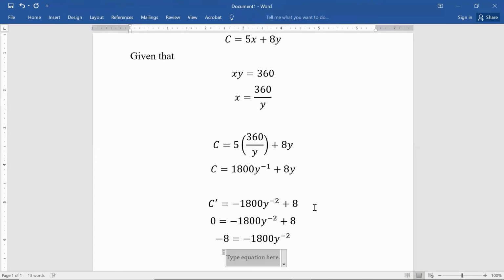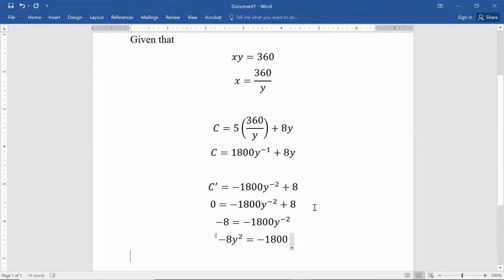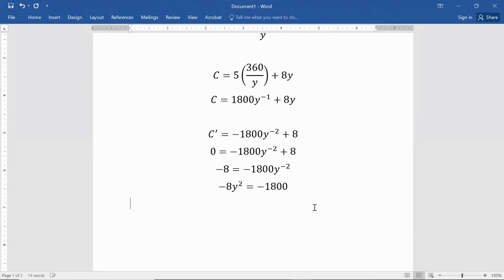If I multiply both sides by y squared, I get negative 8y squared on the left-hand side and negative 1800 on the right-hand side. That means when you divide by negative 8, y squared equals 225.